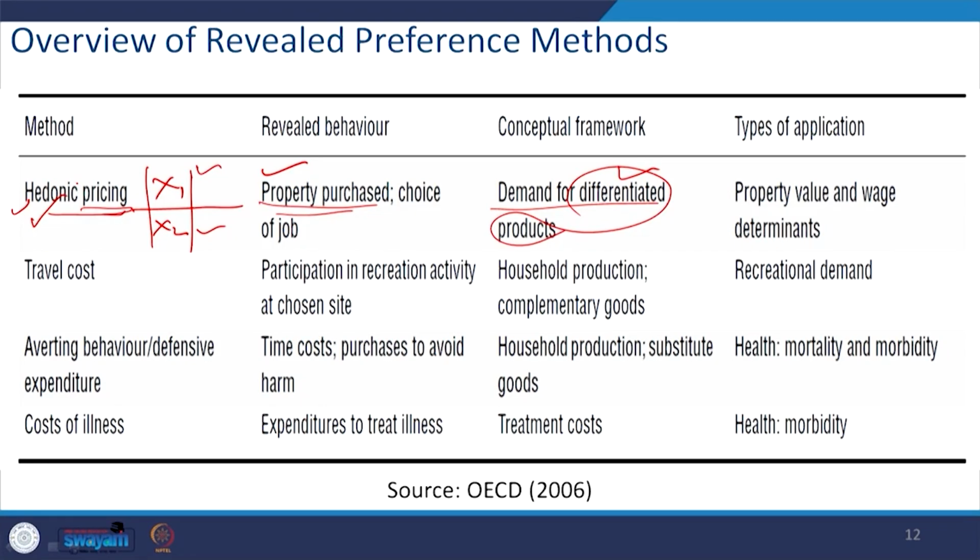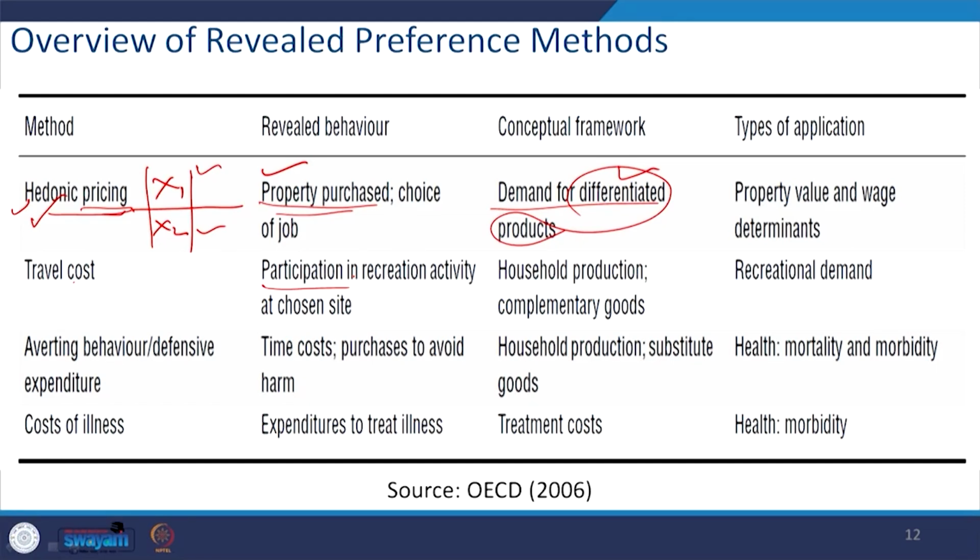The second method under the revealed preference method is travel cost. Under this revealed behavior, how is the travel cost method revealing the behavior of consumers or individuals? It is revealed in terms of participation in recreational activities at particular recreational sites.